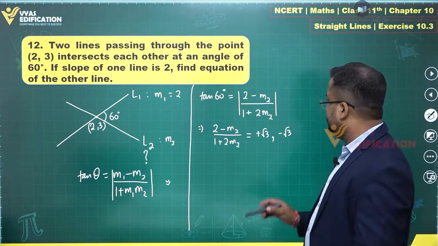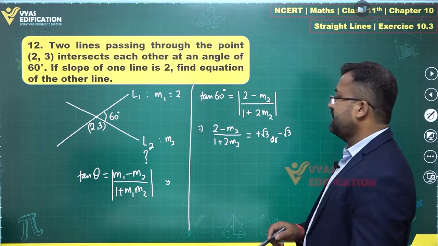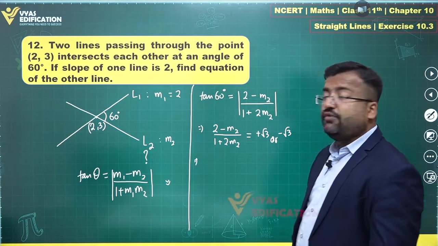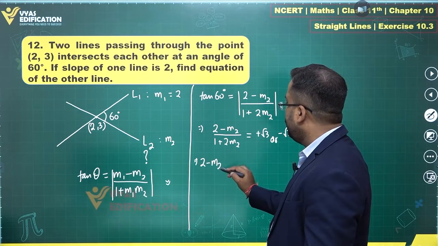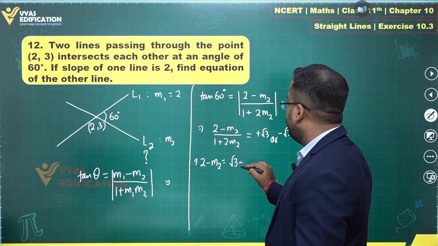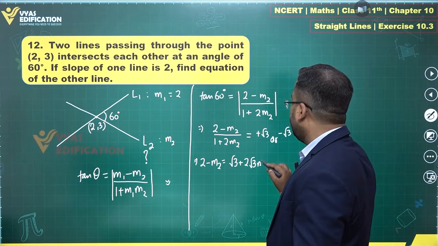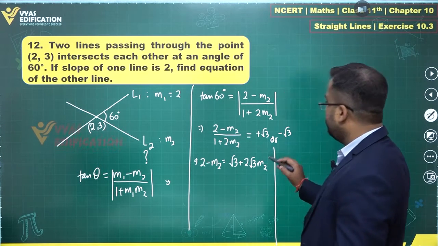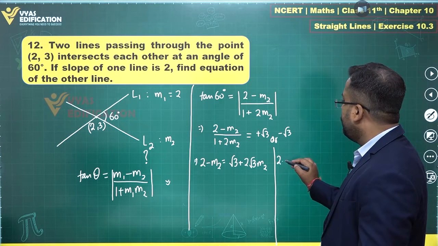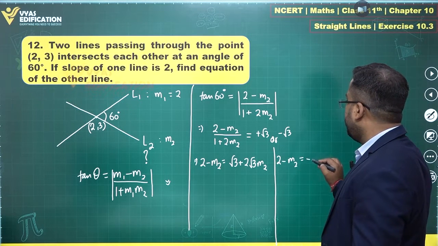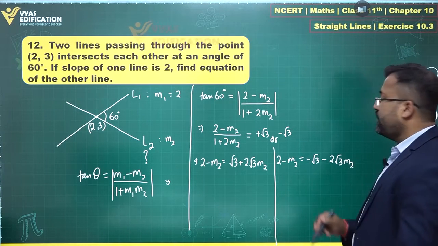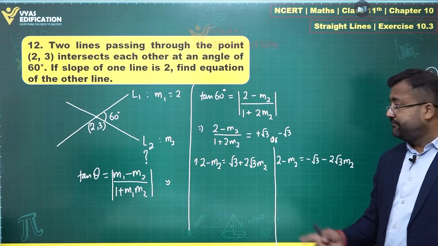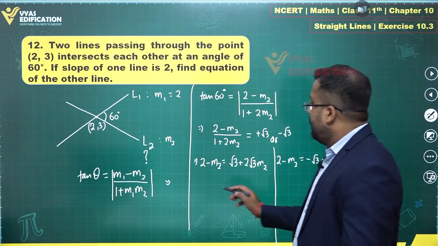Let's try to solve for M2. This tells me that 2 minus M2 is equal to root 3 plus 2 root 3 M2, or you can have 2 minus M2 is equal to minus root 3 minus 2 root 3 M2. This is what you will get.